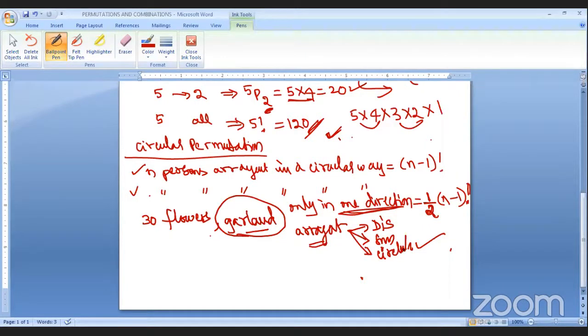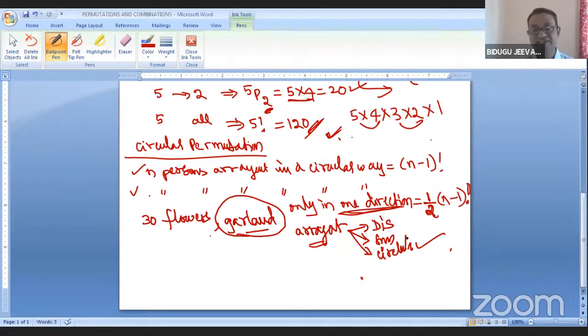See, while making a garland, just observe, they'll fix one end and keep pushing the flowers in. The thread is tightened at one end and they start pushing the flowers into the garland. This is nothing but one direction.